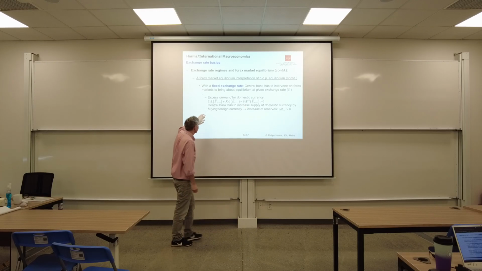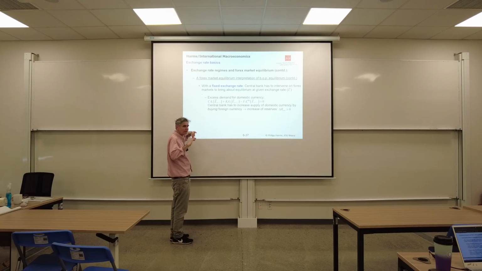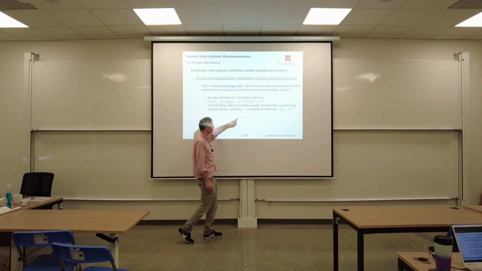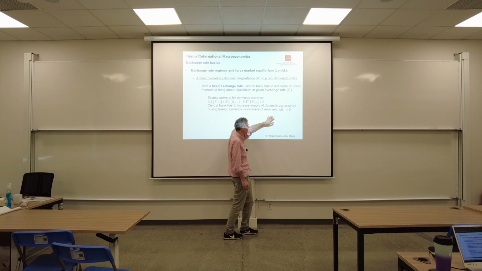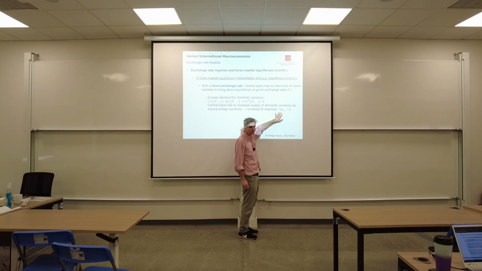So in that case, you have excess demand for domestic currency. Now, what do you do if you don't want the exchange rate to adjust because you have an exchange rate target? Well, the central bank has to increase the supply of the domestic currency by buying foreign currency, and you have an increase of reserves. So this positive difference is reflected by delta R being greater than 0.